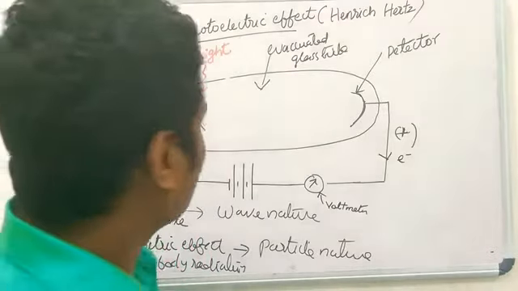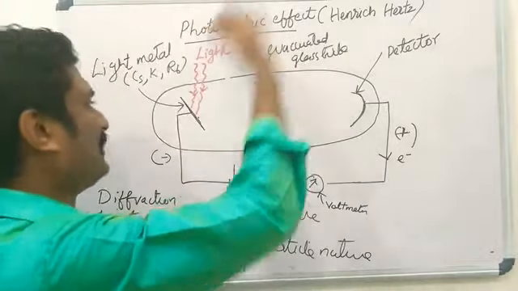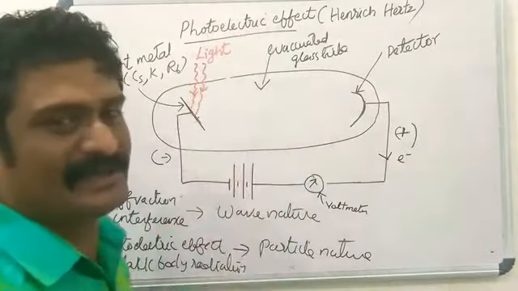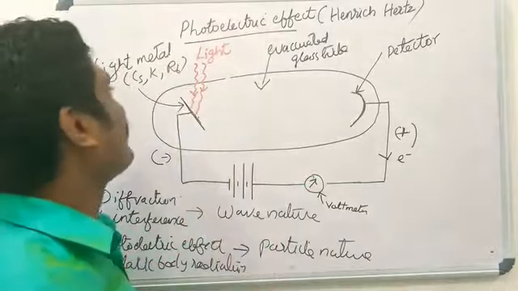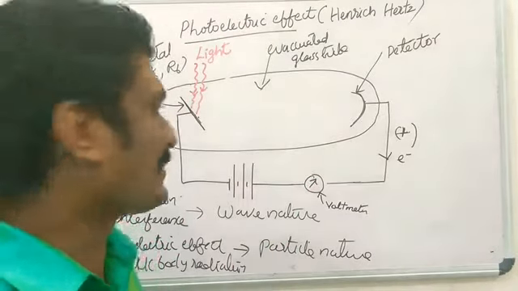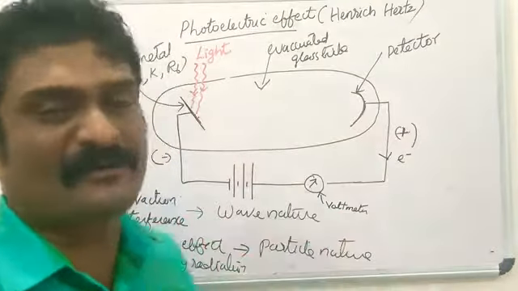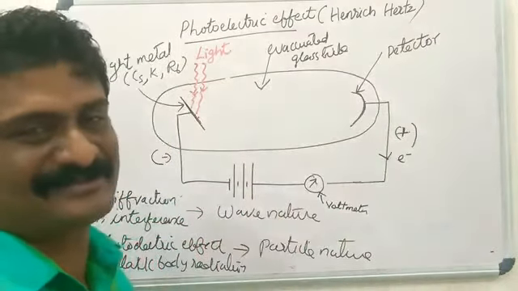According to Heinrich Hertz, when light of suitable frequency falls on light metals like cesium, potassium, etc., light can eject electrons from the metallic surface.